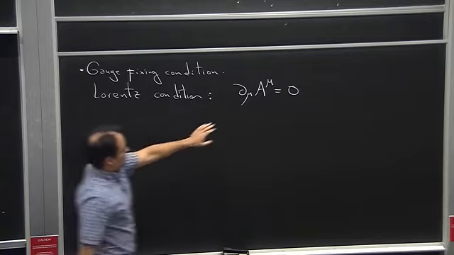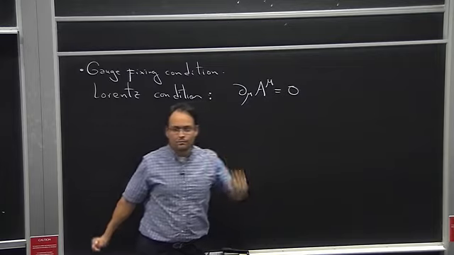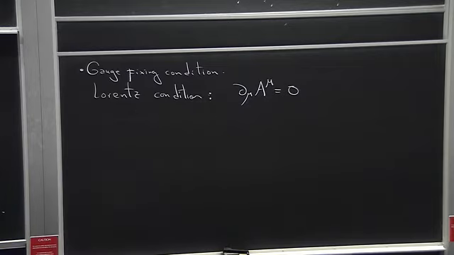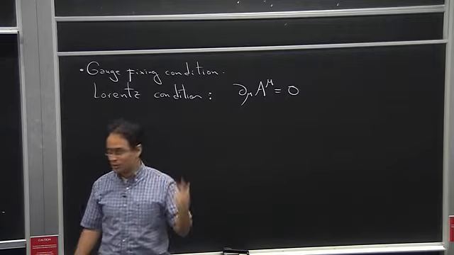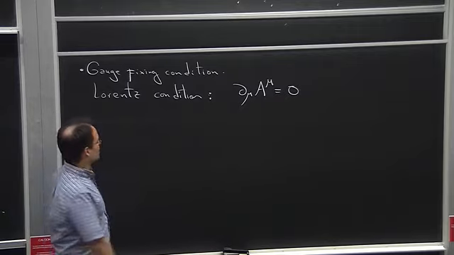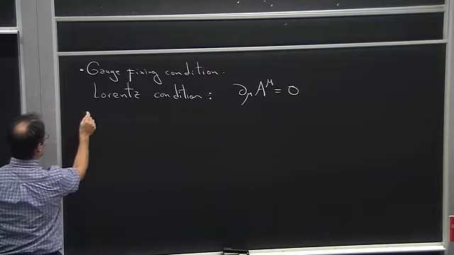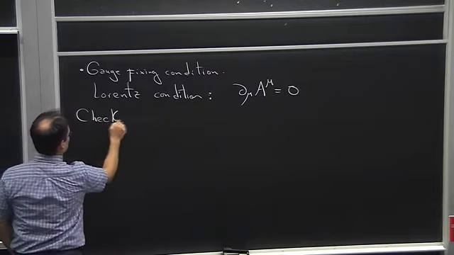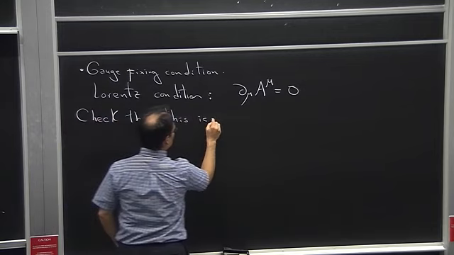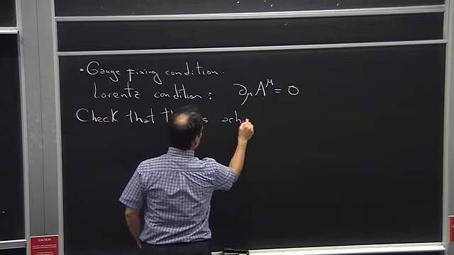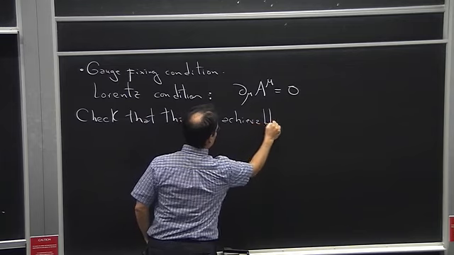So would this fix the gauge completely? Meaning, would that fix the redundancy? No, it doesn't fix it. But first of all, we have to check that this is a condition that we can impose using our redundancy, okay? So let's actually check that this is achievable.